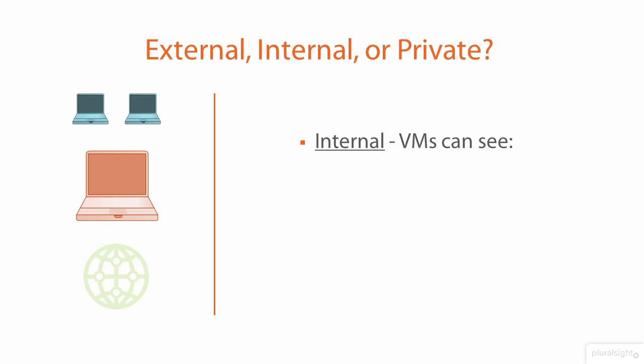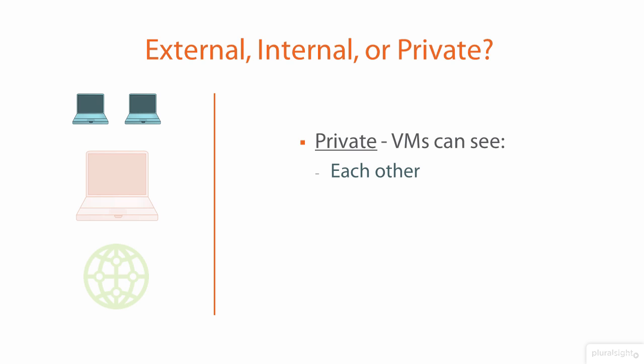In an internal network, the VMs can see each other and the physical host, but not the external network to which the physical host connects. So no wider LAN or internet access for the VMs in this scenario. Finally, in the private switch type, the VMs can only see each other, not the physical host and not the wider network to which the physical host connects.